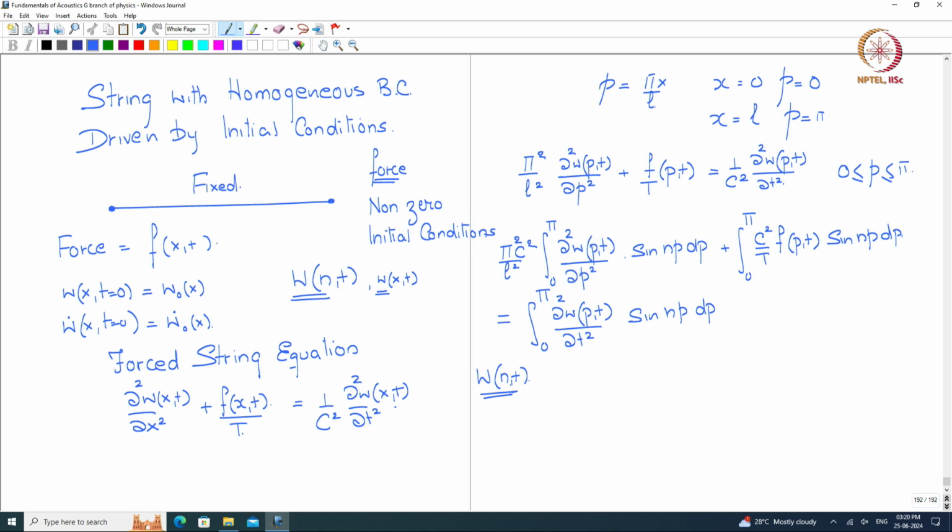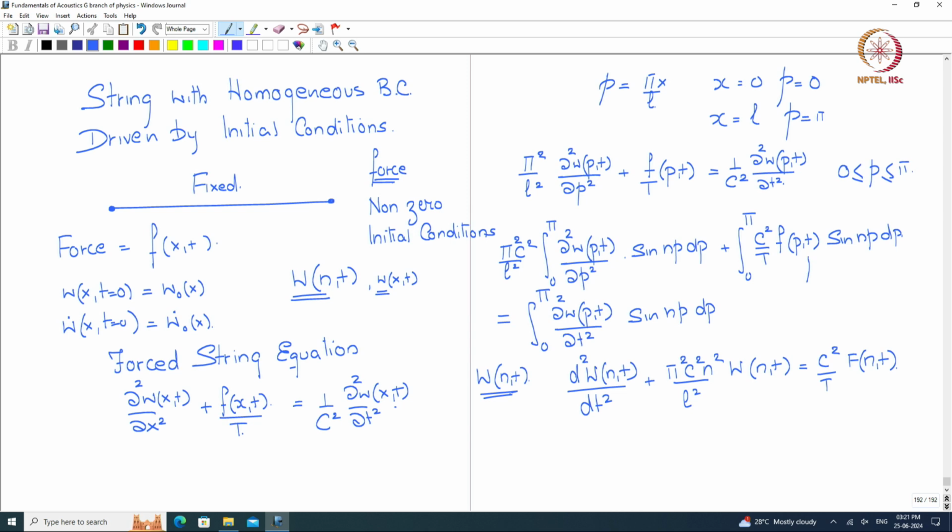That becomes d2 W of n comma t by dt square plus pi square c square n square by L square W of n comma t is equal to c square by T, this time f of n comma t.